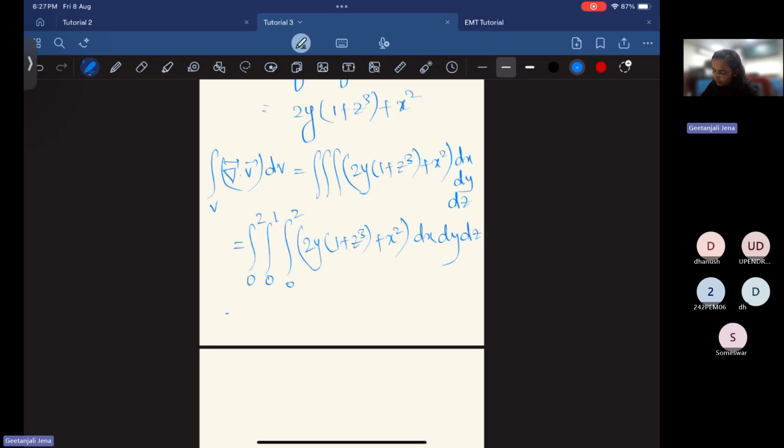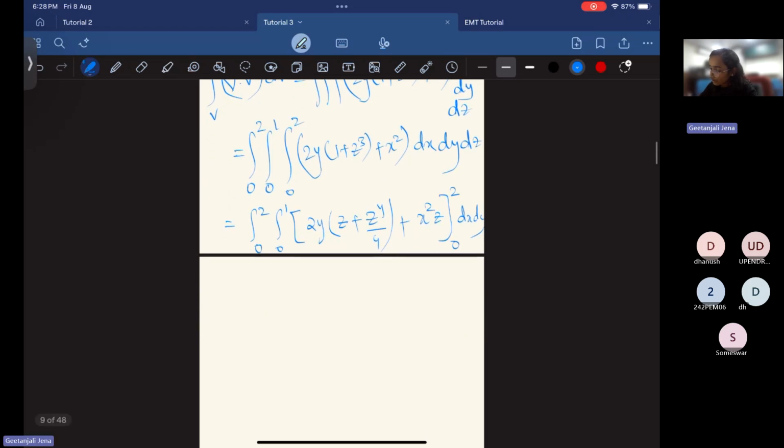So just solve it one by one. Let us solve z first, then you can solve y, then x. If you solve z, this will give 2y, 1 will give z, z cube will give z to the 4 by 4, plus x square, integrating dz gives x square z, and the limit is 0 to 2, dx dy.